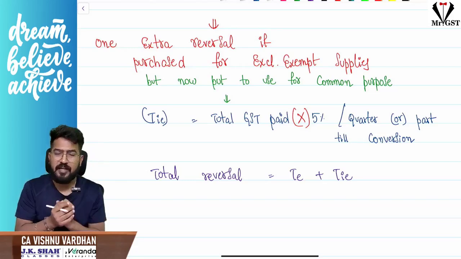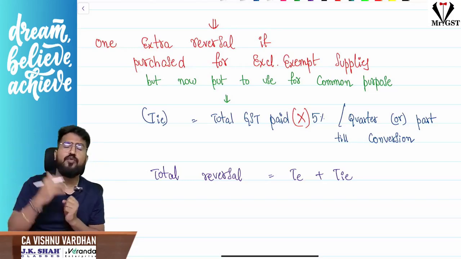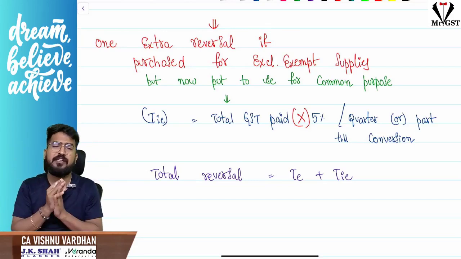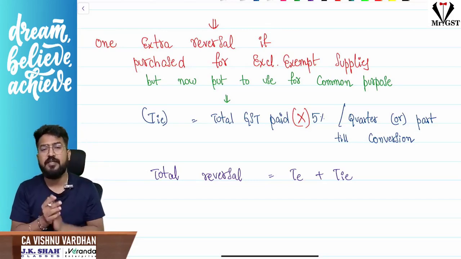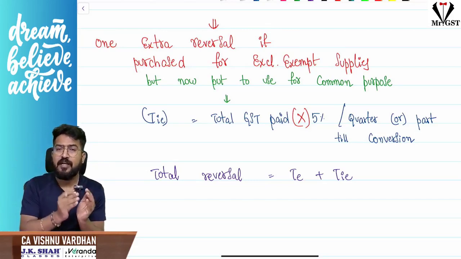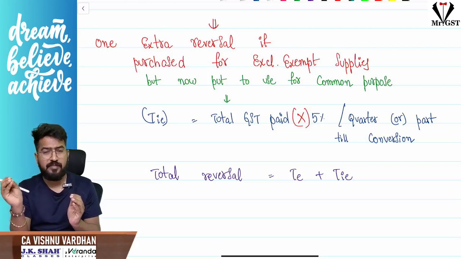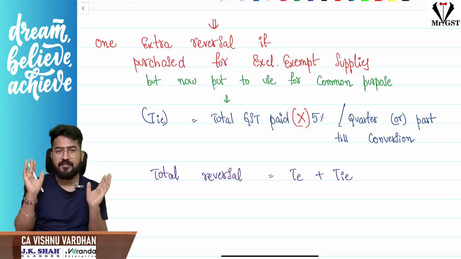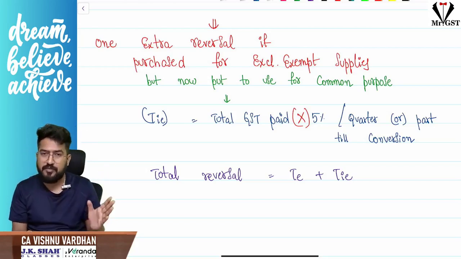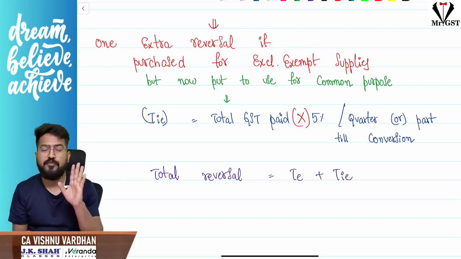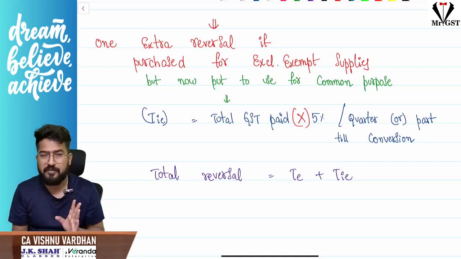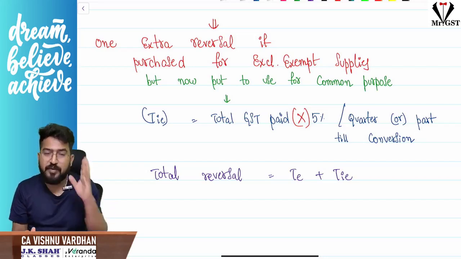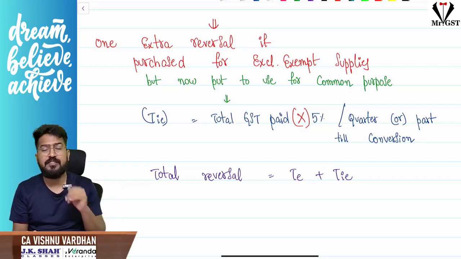Imagine, sir, of 1 lakh, I used it for 4 quarters exclusively for making exempt supplies. Then out of that 1 lakh, 4 quarters into 5%, that is 20%, belongs to the exempt period. So that much you should reverse now. 1 lakh into 20%, that is 20,000 you should reverse. Clear? This is another reversal.